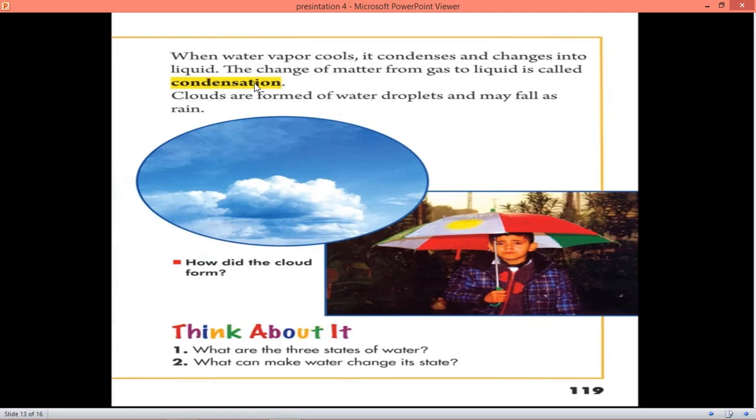So we can say the change of matter from gas to liquid is called condensation. Look at this picture. Clouds are formed of water droplets and may fall as rain.